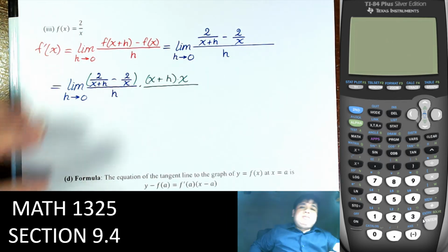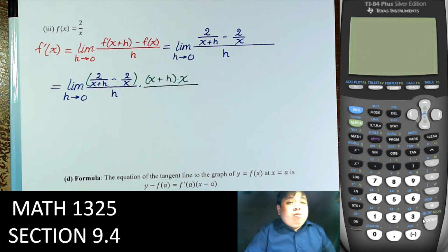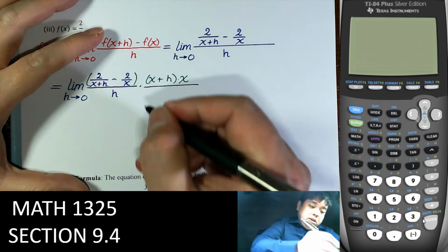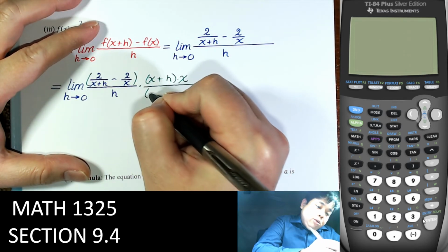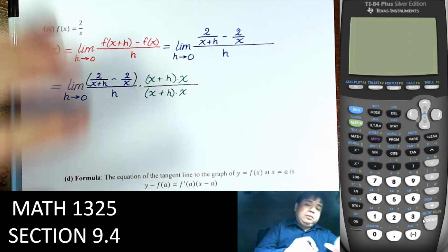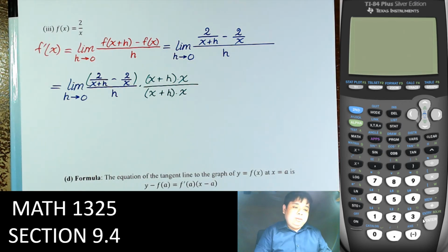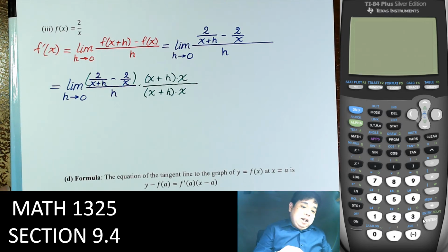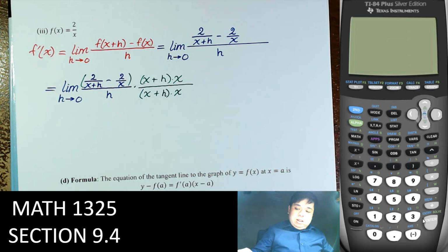So multiply like that. Now, we cannot just multiply x plus h times x on the top like that. We have to multiply that at the bottom as well. Whatever we do on the top has to be the same thing at the bottom, right? Now multiply it out.